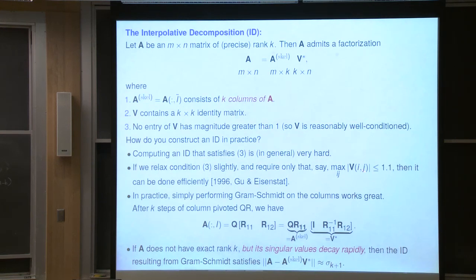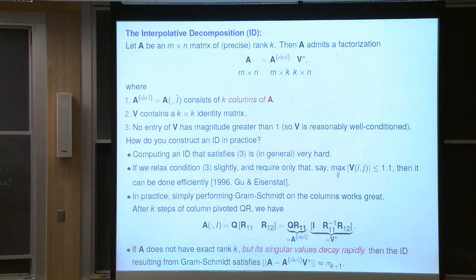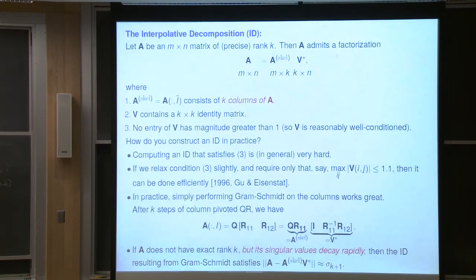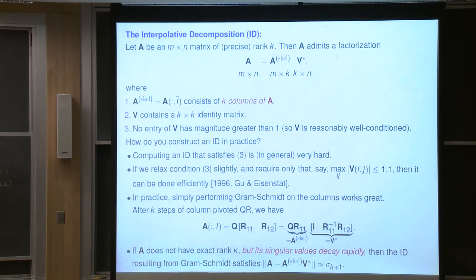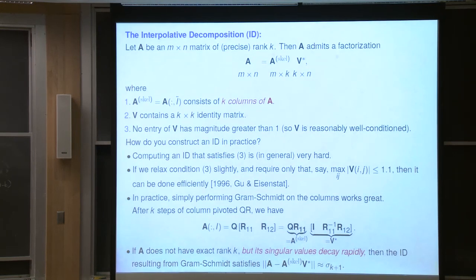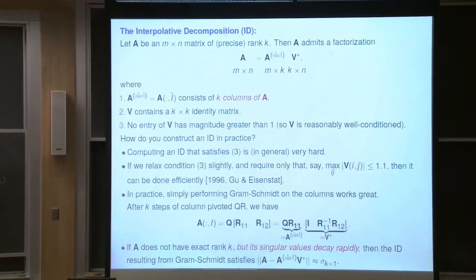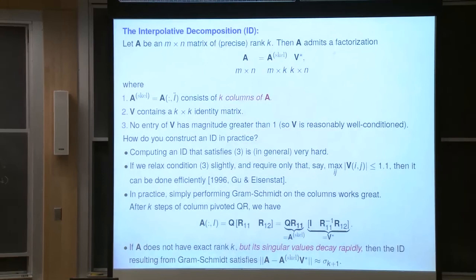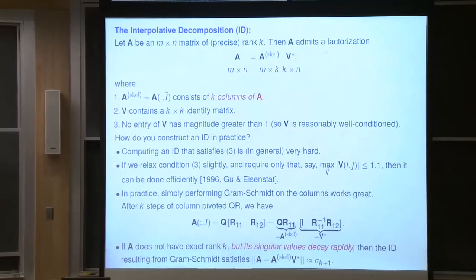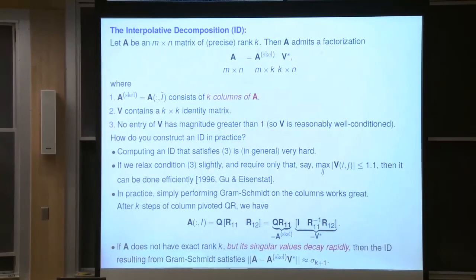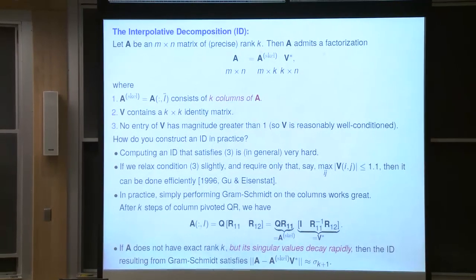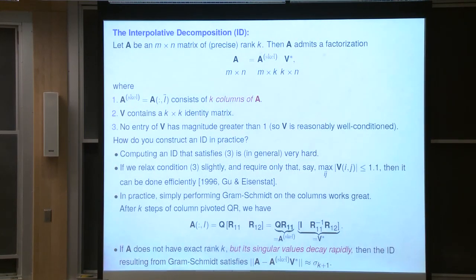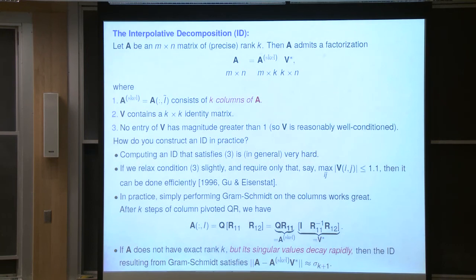So if you do this slight relaxation, then there exist very strong algorithms that scale at worst as m times n squared, assuming that m is larger. More typically they scale as m times n times k, which is really as good as you can hope for with a general matrix to produce a rank k approximation. Almost. I'll show you a better method later today that beats that, but that's the normal best case bound for computing a rank k approximation.